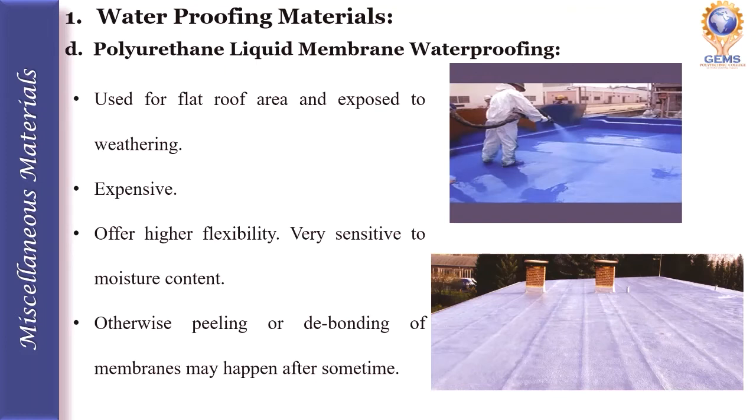Polyurethane liquid membrane can offer high flexibility, and it is very sensitive to moisture content. Therefore, before application, one has to carefully evaluate the moisture content of the concrete slab. Otherwise, peeling or debonding of the membrane may happen after some time.